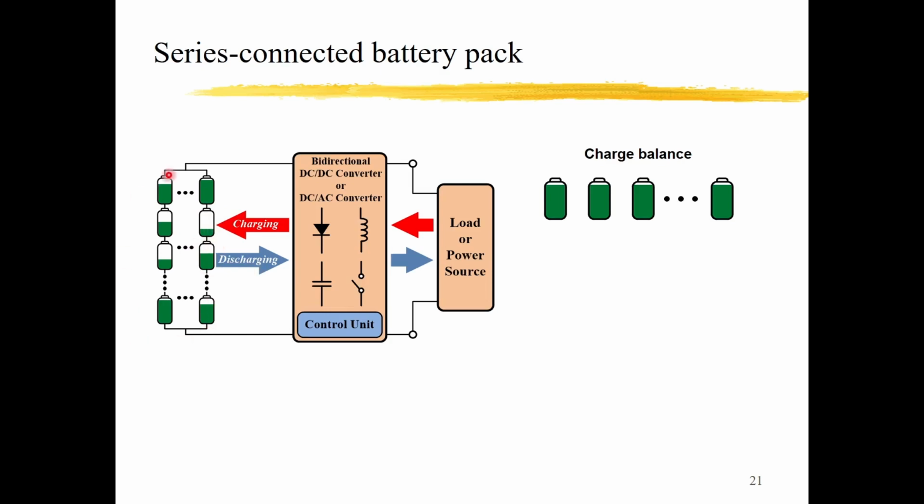So for this very extreme case, the usable capacity of the battery pack is actually very small, even though some cells still have charge capacity, but we cannot further charge or discharge the battery. So if the imbalance happens in your system, it is very possible to reduce the capacity of your whole battery pack. It is very likely to happen.